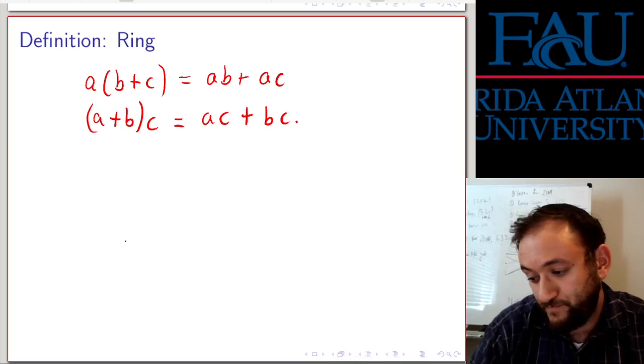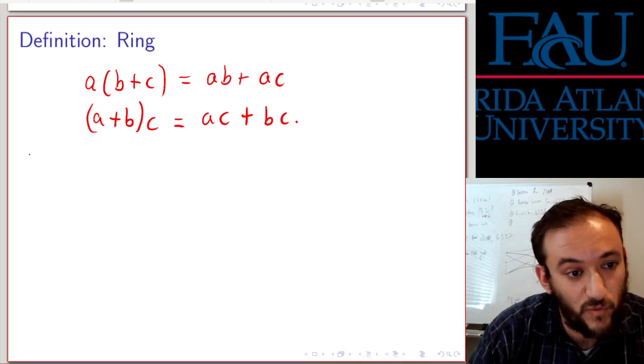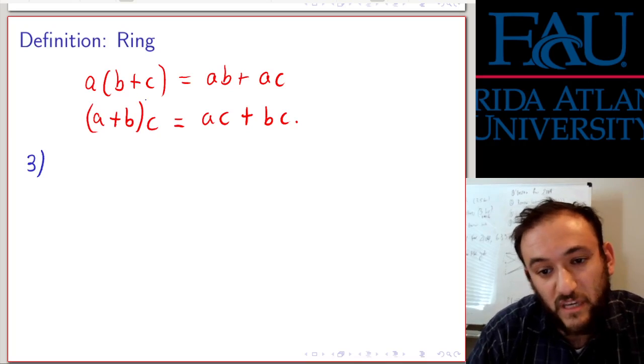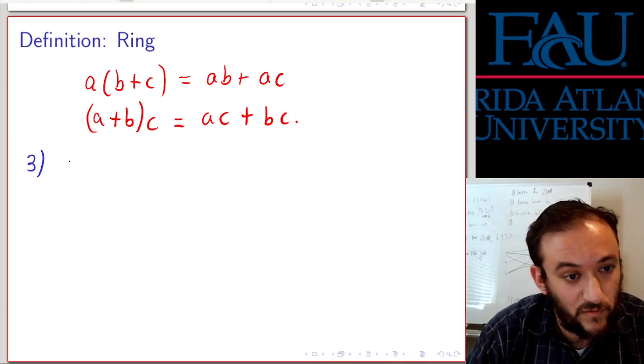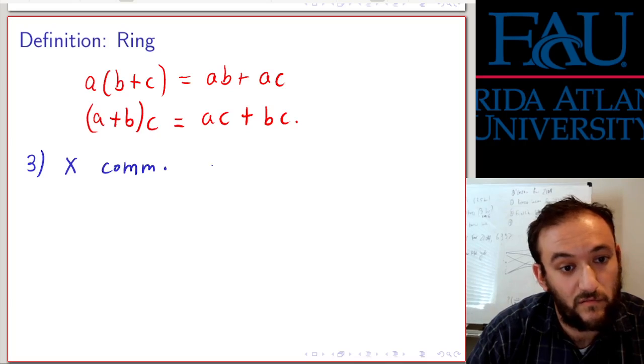And then because we're working with commutative algebra, our rings are all going to be commutative unless indicated otherwise. So multiplication is commutative for a commutative ring.